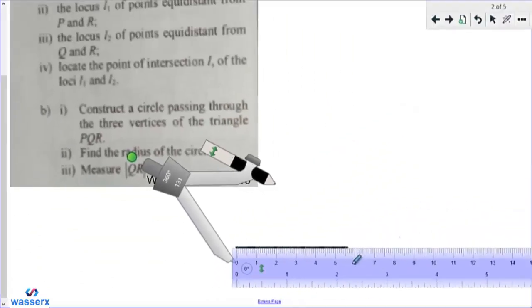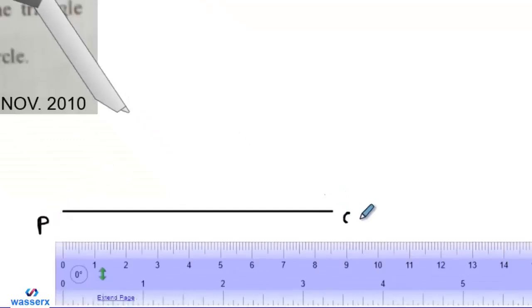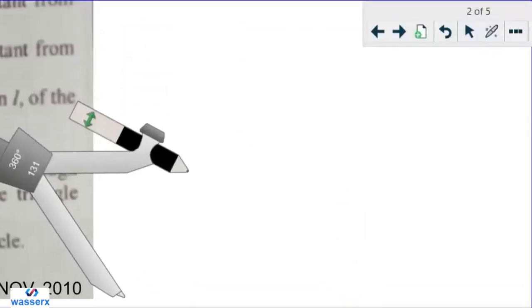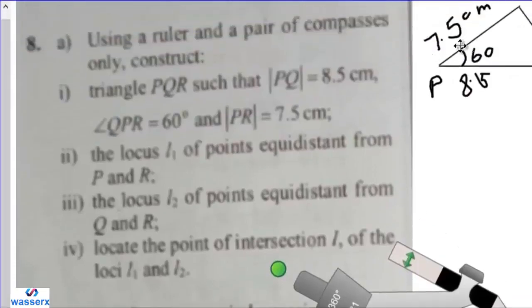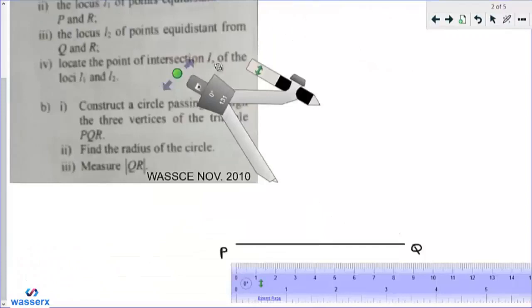So we draw our baseline PQ. With the sketch, we know we need to draw PQ as a baseline because of the included angle between PQ and PR. So now we construct the angle which is 60 degrees.